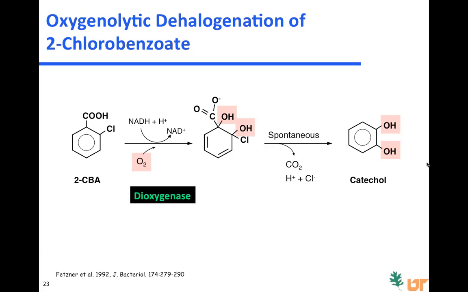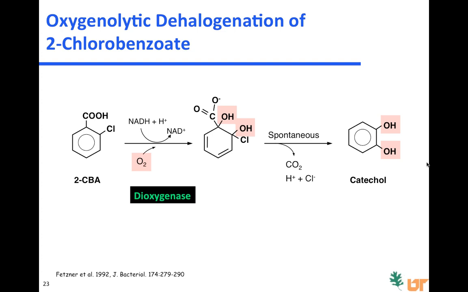On the next slide, I have another compound called 2-chlorobenzoate. There are many organisms that can degrade 2-chlorobenzoate with oxygen. If you look here, the oxygen is used and both atoms of the oxygen are incorporated into the product. The product is actually catechol, and these two hydroxyl groups on the right side, the oxygens, are derived from oxygen.